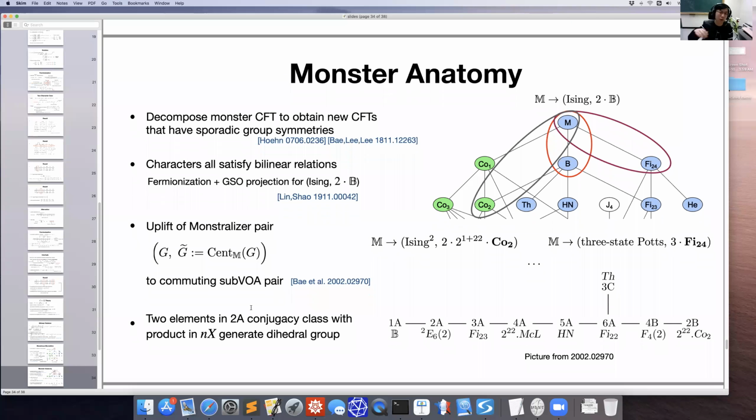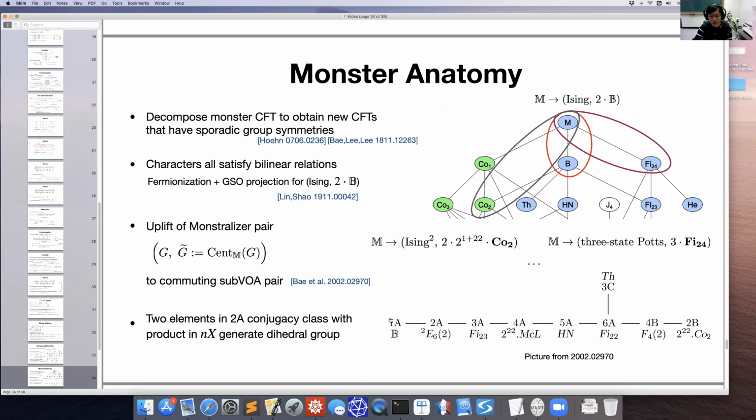such that they obey some nice properties. And as a particular example, if we take two elements in the 2A conjugacy class in the monster group, and take the product, they always lie in the following 9 conjugacy classes, and they generate a dihedral group. And there's an observation due to Conway that those 9 conjugacy classes have something to do with the affine E8 Dynkin diagram, where I place them at the nodes of the Dynkin diagram.